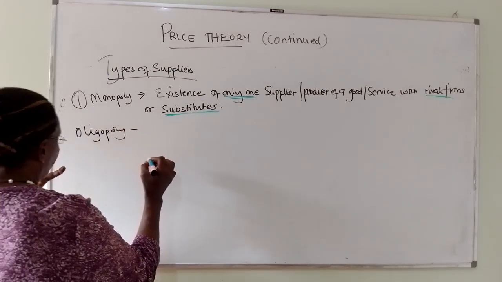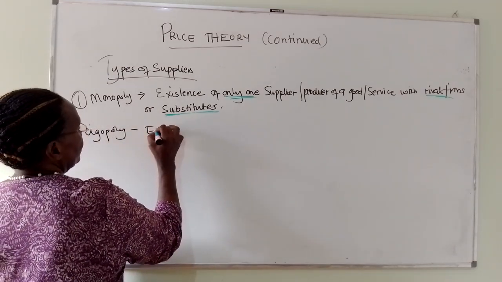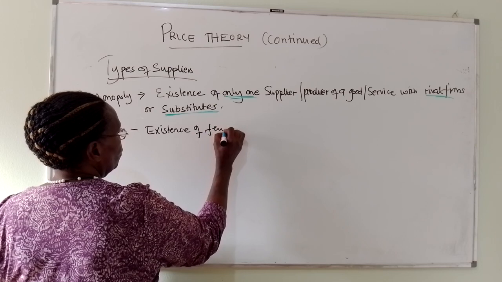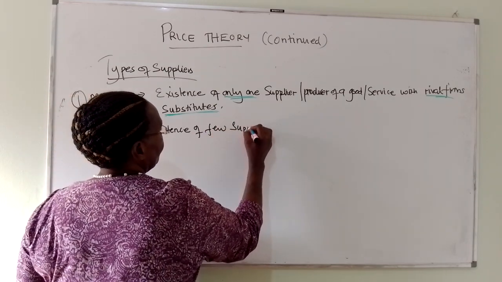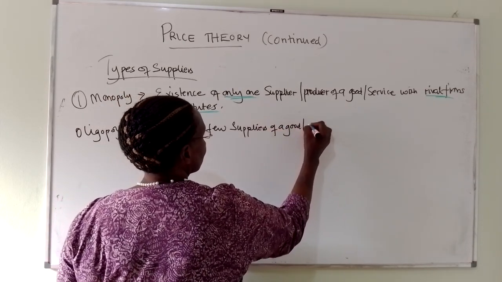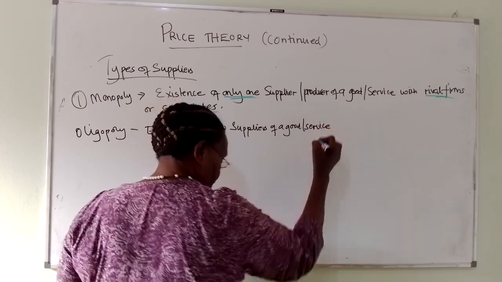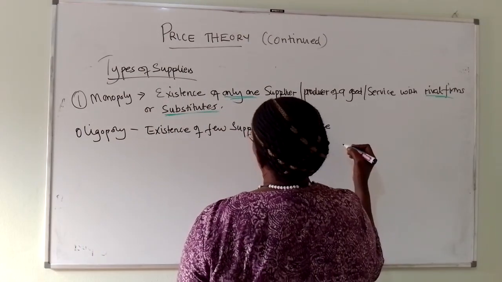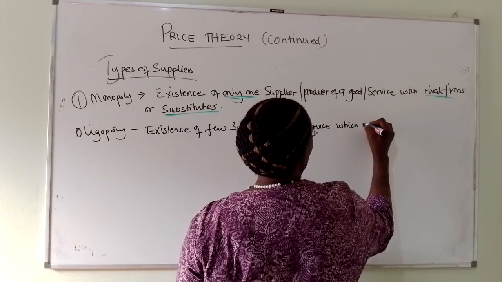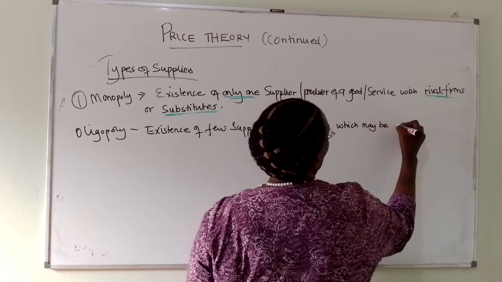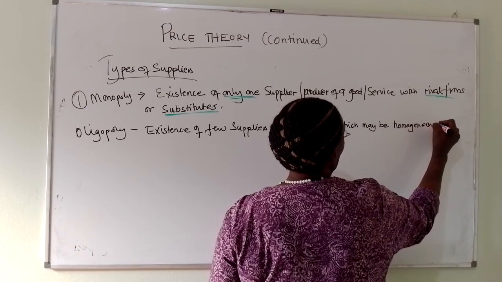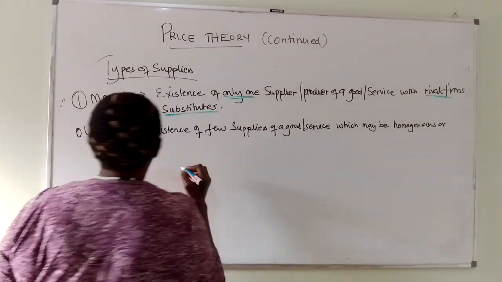As I said, oligo means few, so this is where we have the existence of few suppliers of a good, it may even be a service, a good or service, which may be homogeneous or differentiated.